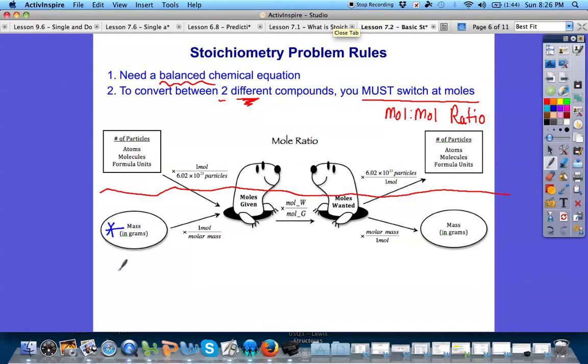This is going to be our grams of hydrogen. And then we want to go to moles of water, so we're going to go here to moles of H2O. This is going to be our end point right here. Anytime you are given a mass or you want to find a mass, you have to calculate the molar mass of that chemical.